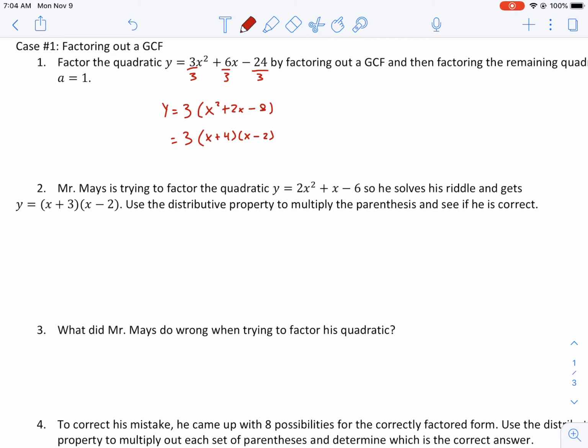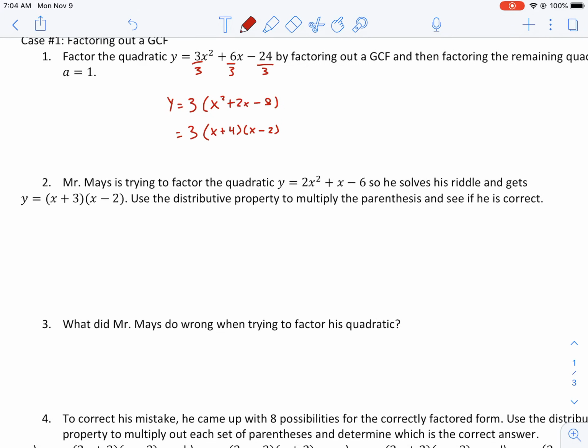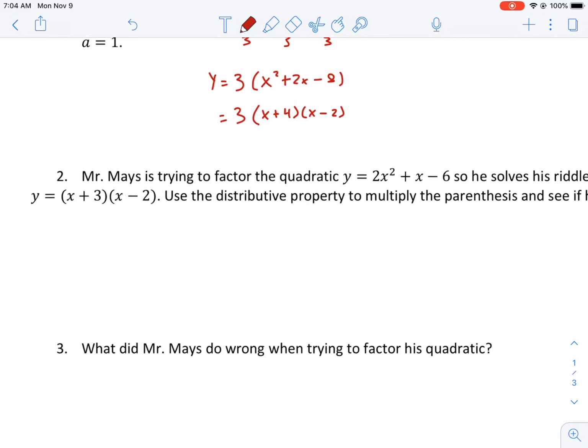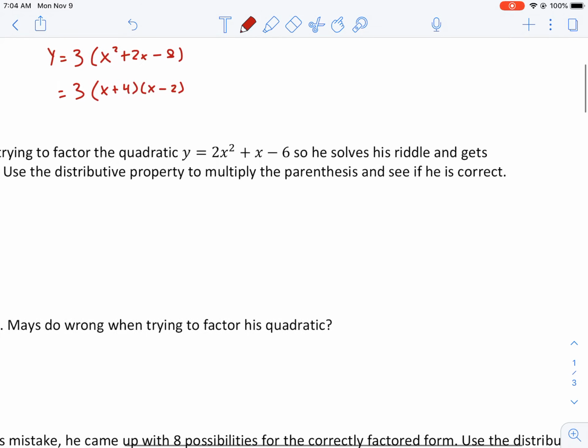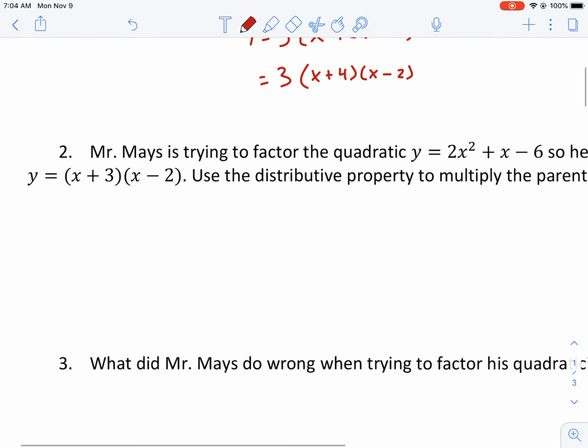So I solve my riddle, and I get x plus 3, x minus 2. Is that correct? Well, 3 times negative 2 is negative 6, and 3 minus 2 is 1. So it seems like it works. Use the distributive property to multiply the parentheses and see if I'm correct.